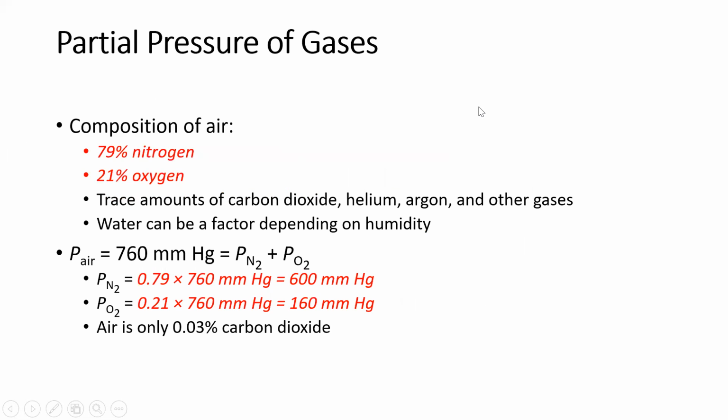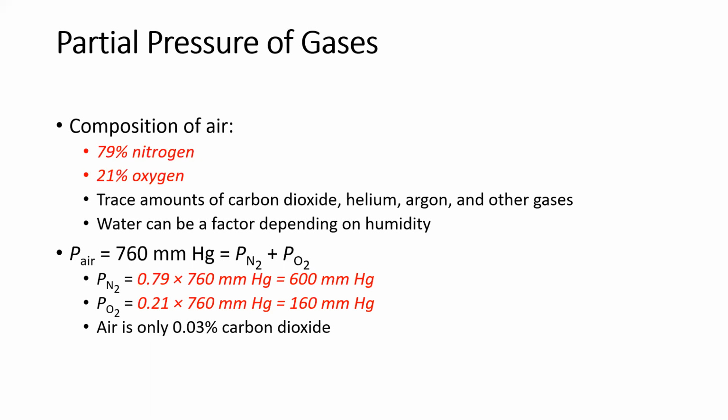Okay, so to apply that here a little bit, we're thinking about our composition of air. And as I mentioned before, air is made of several different gas molecules. It's 79% nitrogen. It's 21% oxygen. It's got some trace amount of carbon dioxide, helium, argon, and a few other gases that we don't really have to worry about. And so we think about water as well.